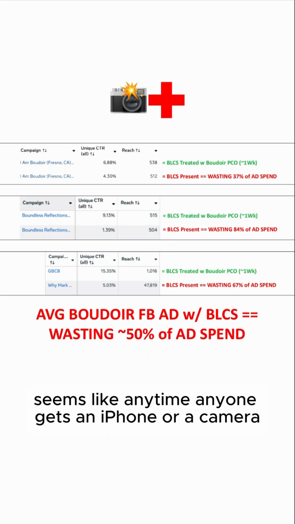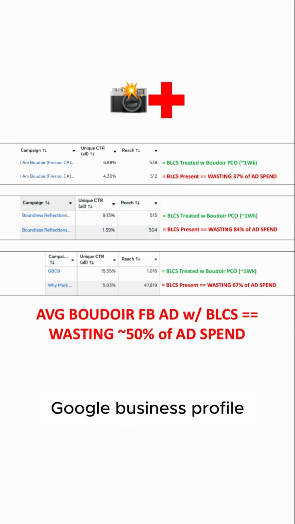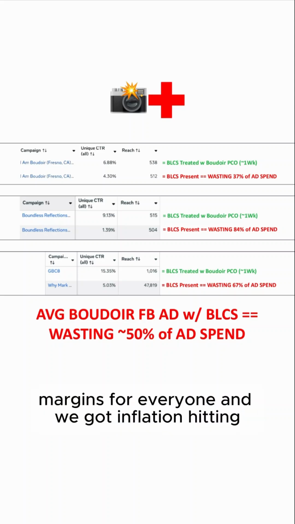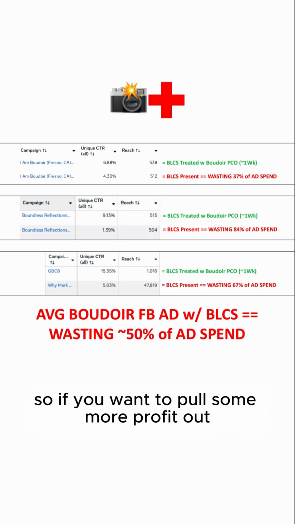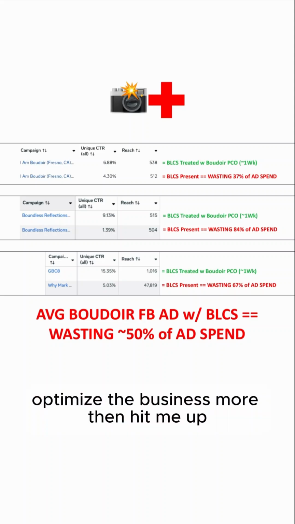It seems like anytime anyone gets an iPhone or a camera, they're throwing up their Google business profile to offer Boudoir, driving down prices, margins for everyone, and we got inflation hitting. So you want to pull some more profit out, optimize the business more, then hit me up.